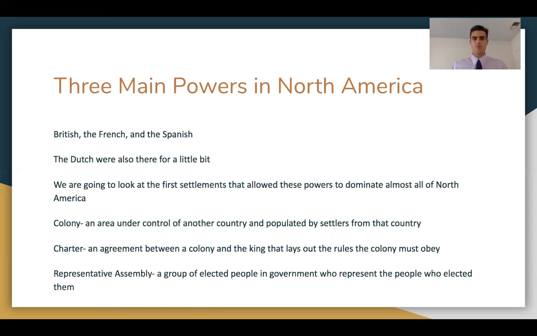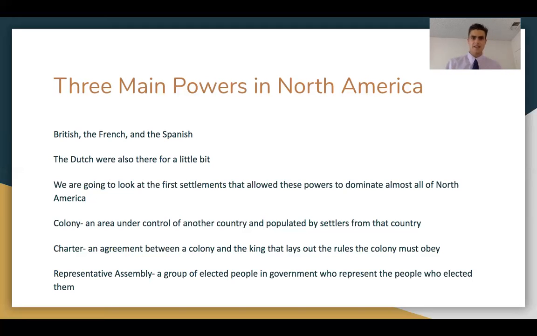And finally, representative assembly. A representative assembly is a group of elected people in government who represent the people who elected them. We like to call America, the United States of America, a democracy. But the truth is, that's only kind of true.